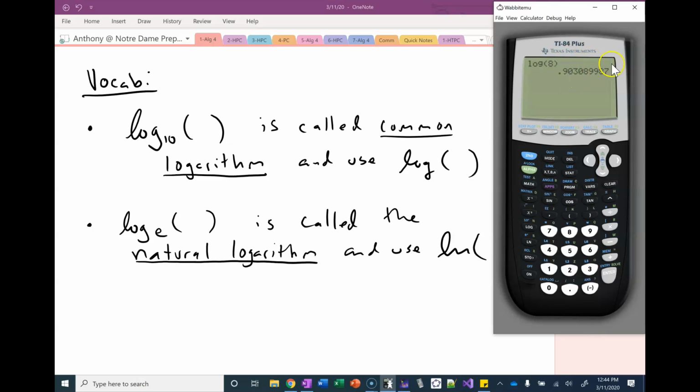And what is this decimal representing? So this is the power of 10 that gives me 8. Let's just kind of confirm that. And that is indeed what we get, right? Is everybody okay there?